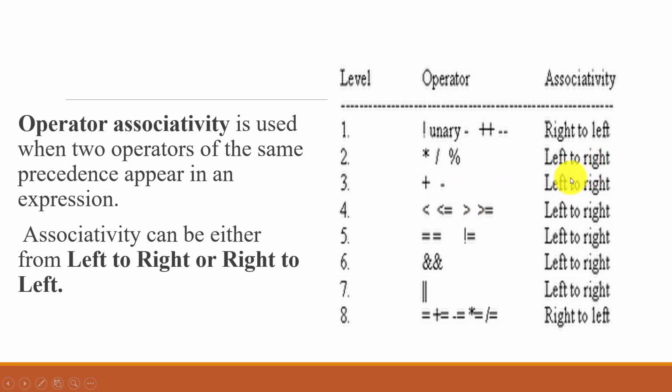Plus and minus are also left to right. The relational operators are also evaluated left to right, and the logical operators are also left to right. You just have to remember that unary operators are evaluated from right to left, and the rest of the operators have left to right associativity. So this is the operator associativity.